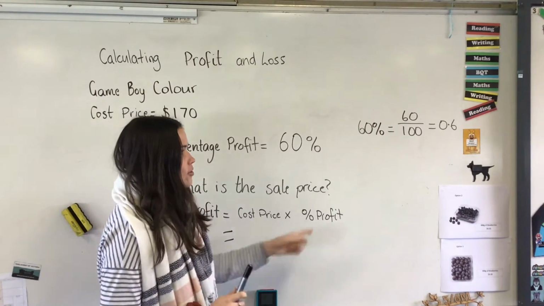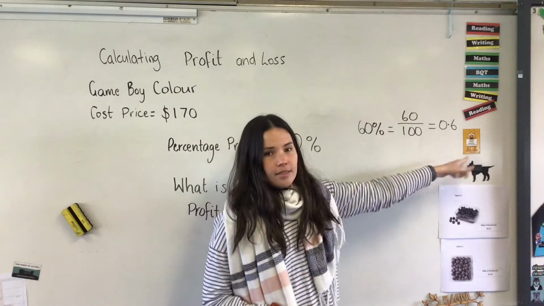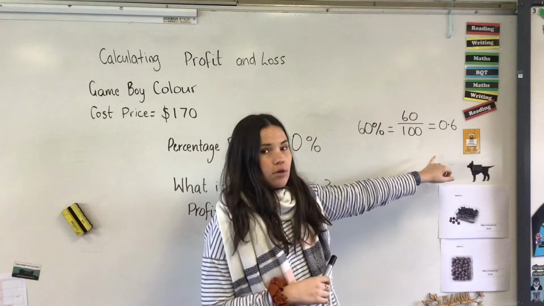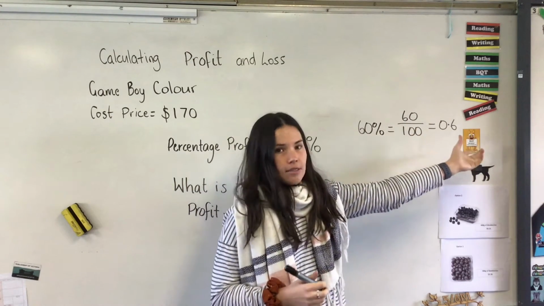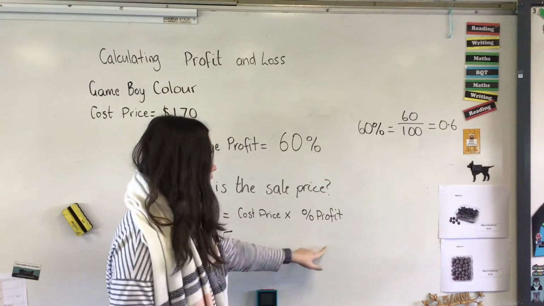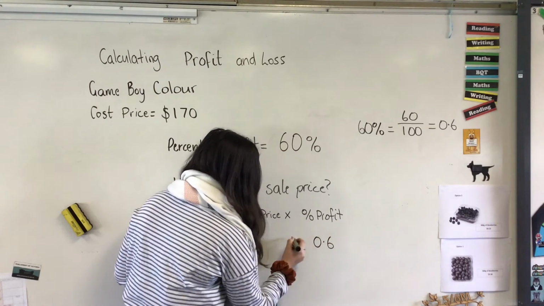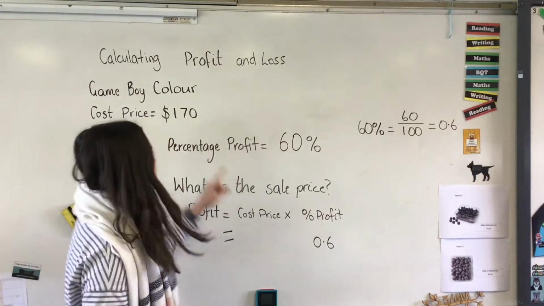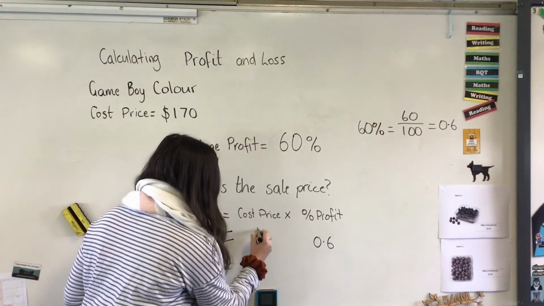Because I know how to change between percentages, fractions and decimals, I already know that 60% is the same as 60 over 100, or 60 hundredths, which is also the same as 0.6. So I'm going to pop my percentage down here as a decimal. I also know my cost price, which was $170. So I'm going to write that down too.